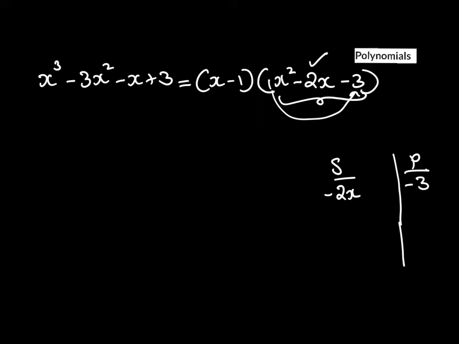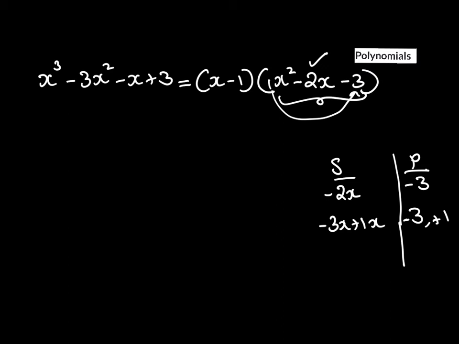Now two numbers, if you multiply, you get 3, and if you add or subtract, you get negative 2. So the two numbers are 3 and 1. In order to get negative 2, obviously this has to be negative 3 and this has to be plus 1, because minus 3x plus 1x will give us negative 2x.